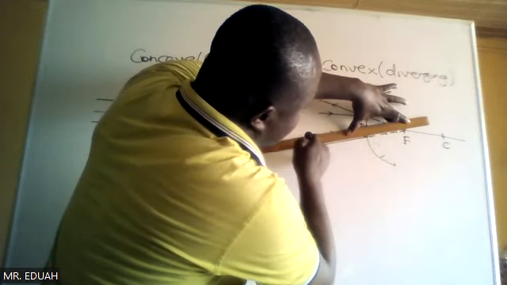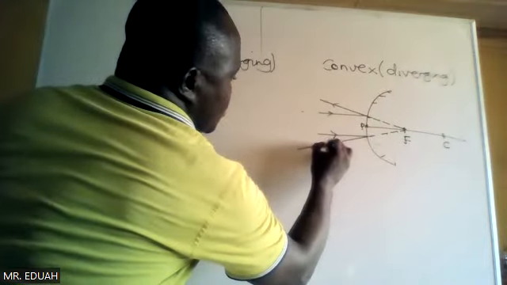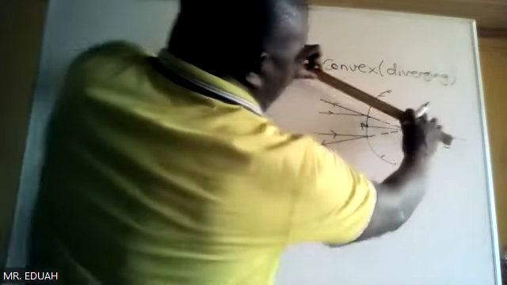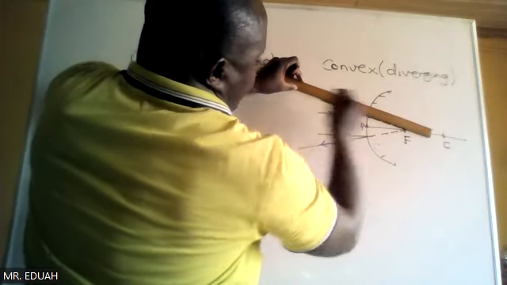So you always connect the reflected ray, which is diverged, to the principal focus behind the mirror to get this principle right.